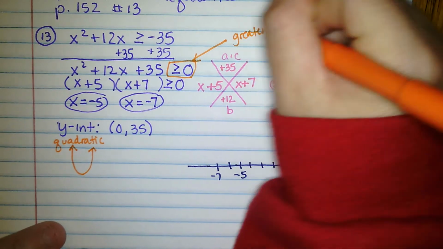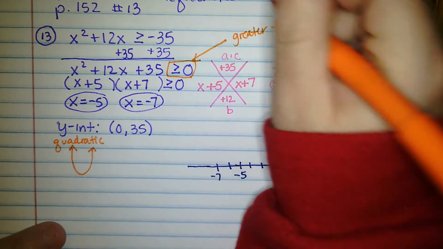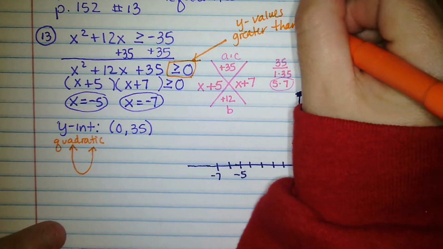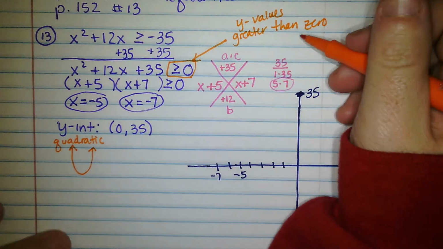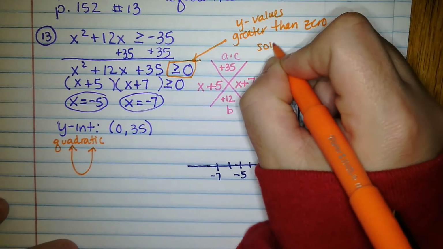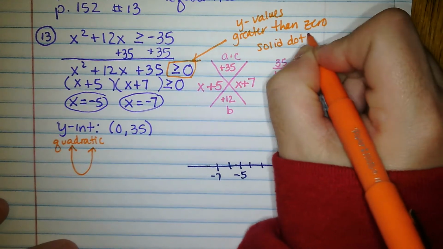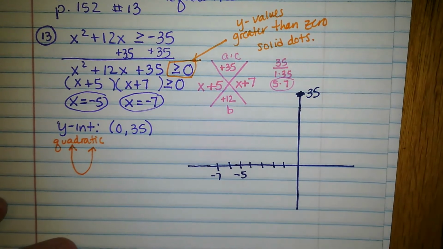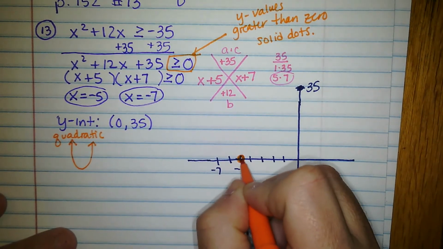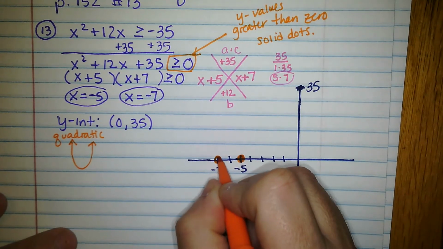So I'm looking for all y values that are greater than 0 or equal to. Because there's an equals, that means we're going to have solid dots on our x-axis. So I'm going to have a solid at negative 5. I'm going to have a solid at negative 7.